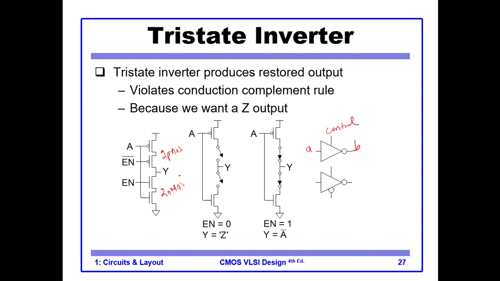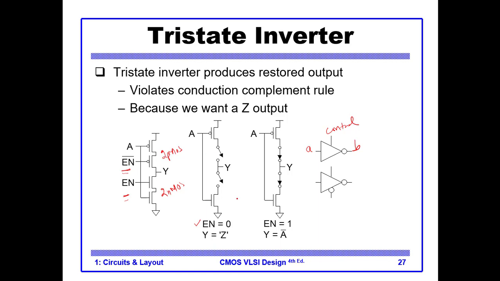How does this work? If enable is 0, okay, so this is the enable signal. It is connected here and here in inverted and non-inverted form. So when enable is 0, the NMOS is open and also the PMOS is open, because that is enable bar.